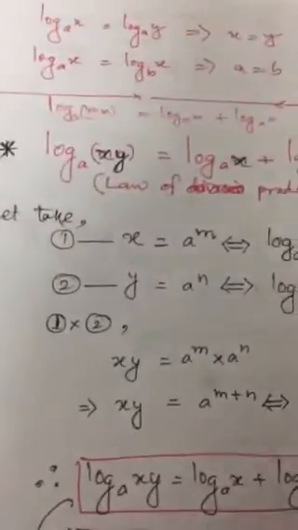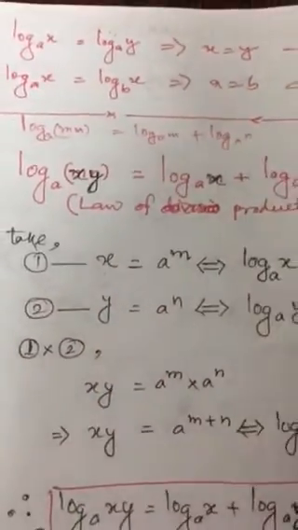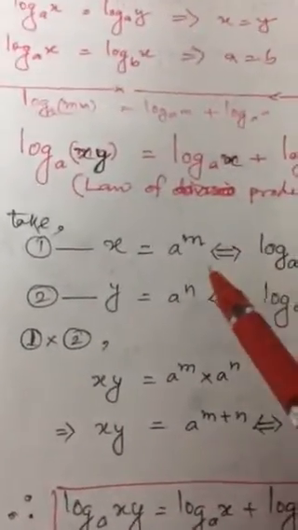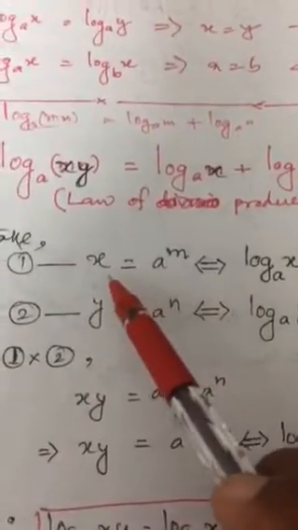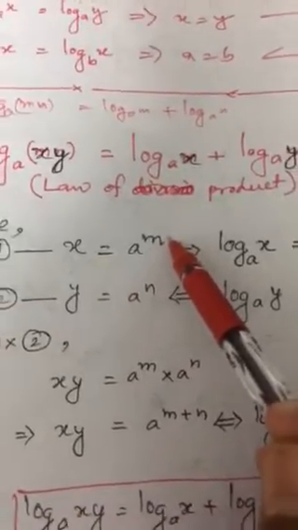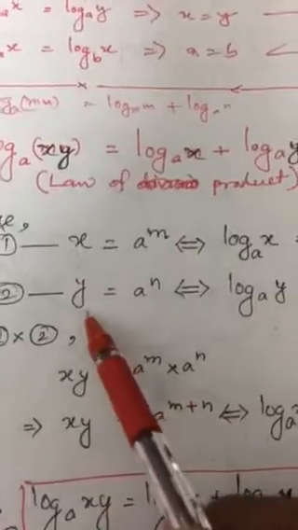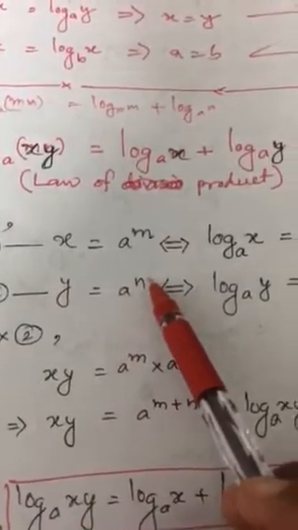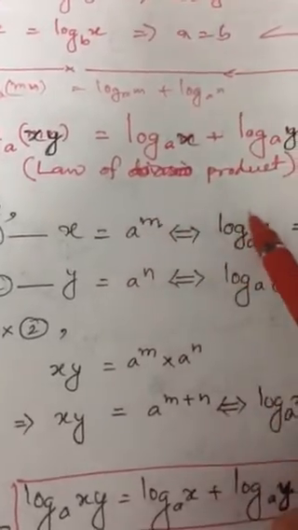So here I just want to prove this. I just want to tell you how it is written. Suppose I take x equal to a to the power m and y equal to a to the power n. Then this can be written in logarithmic form.